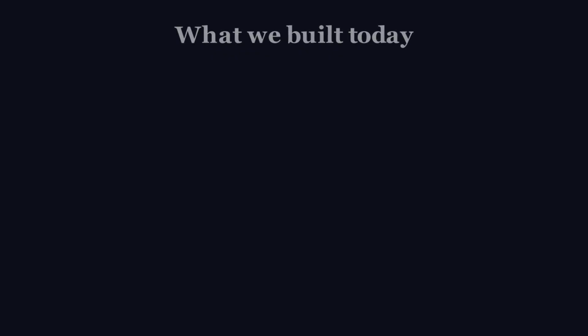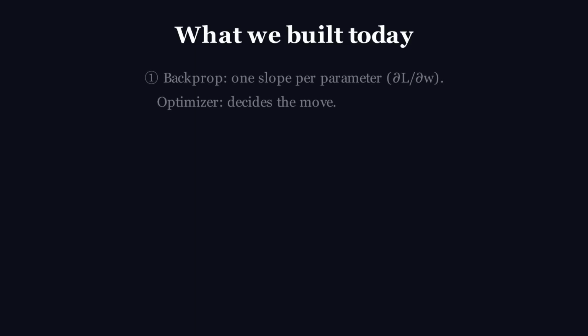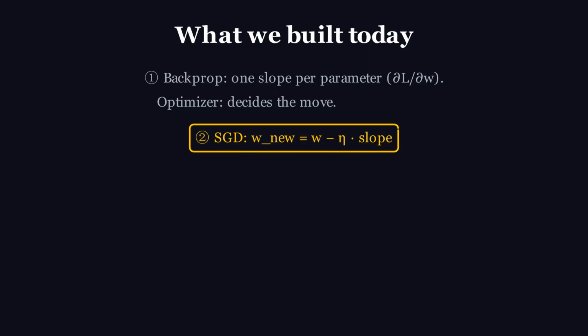Let's recap what we built today. Backprop computes one slope per parameter, the partial derivative of loss with respect to that parameter. The optimizer is the separate rule that takes those slopes and decides how to move. SGD's rule: new W equals W minus eta times slope, move opposite the slope, scaled by eta.